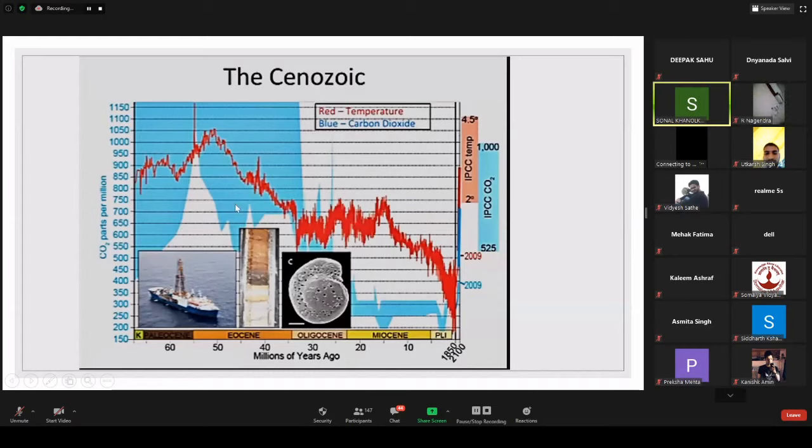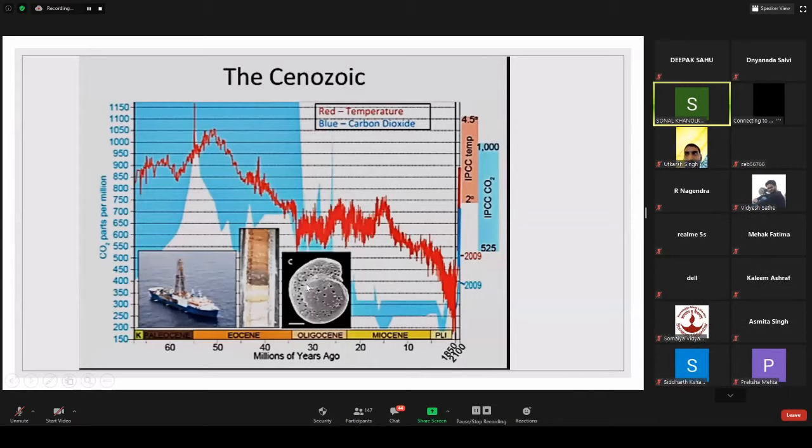So these are marine cores, so they will have marine sediments and marine microfossils. One of the microfossil groups, which is the most abundant and also forms the major carbonate, is the single-celled organism called foraminifera. This is a foraminifera called Cibicides. It's a benthic foraminifera, and this species is there throughout the Cenozoic and is very commonly found.